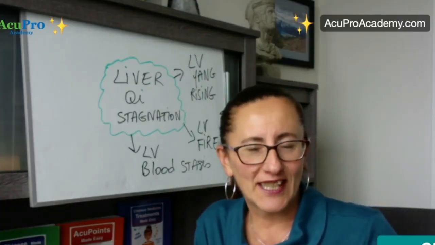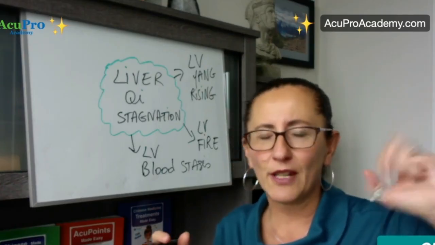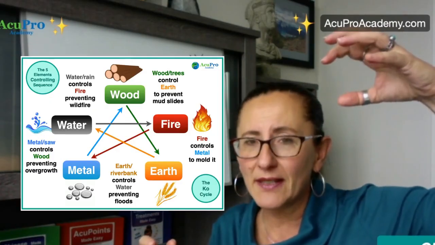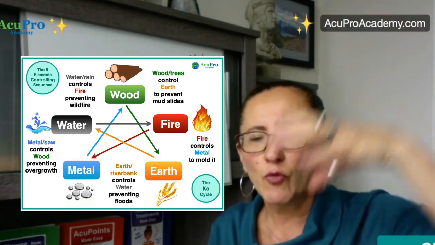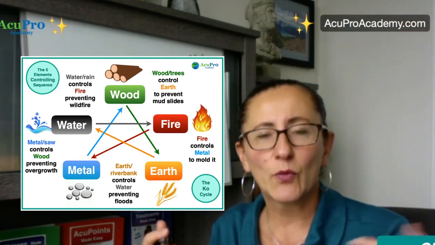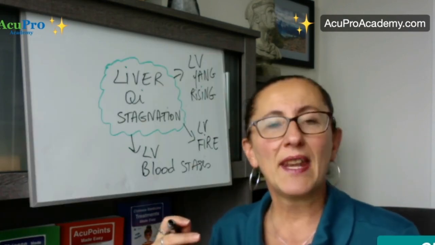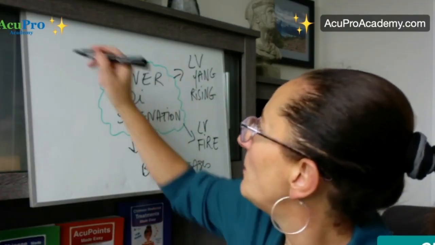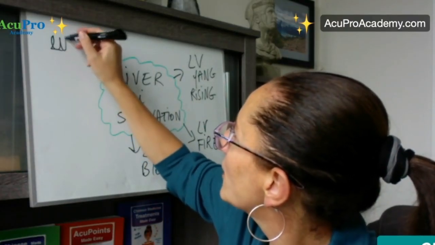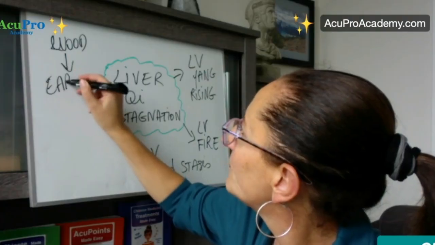However, there's deficiency that can occur from liver qi stagnation because the liver in Chinese medicine corresponds to the wood element, and wood controls earth, which means the liver controls the spleen and stomach, right? When liver qi stagnates and there's a lot of stress, a very common pattern is wood overacting on earth.